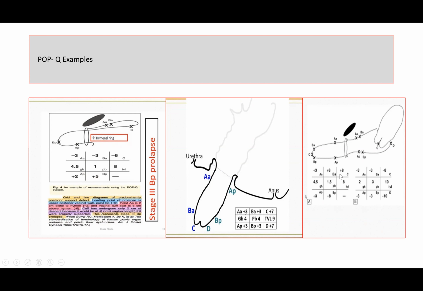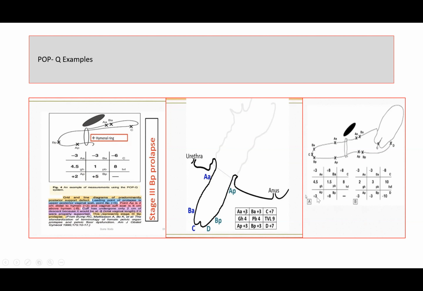But here, there is vaginal vault prolapse. And what is the stage? Here again, stage 4 is equal to or more than TVL minus 2. So 8 minus 2 is 6, equal to or more than 6. So it is stage 4 vaginal vault prolapse.